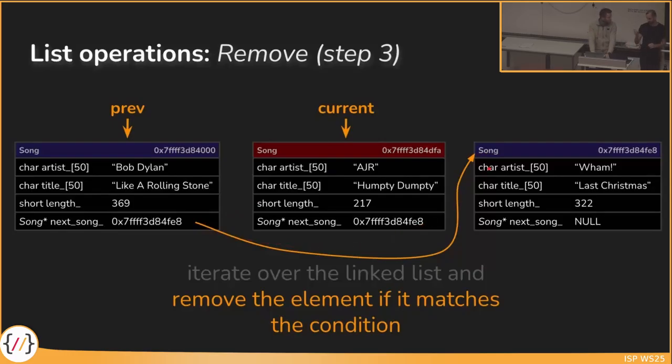And this is the most important cool thing about linked lists. Because when you remember the disadvantages of an array, when you remove an element inside the array, you have to shift all the elements after that to the left and then remove the last one. That's a lot of operations.